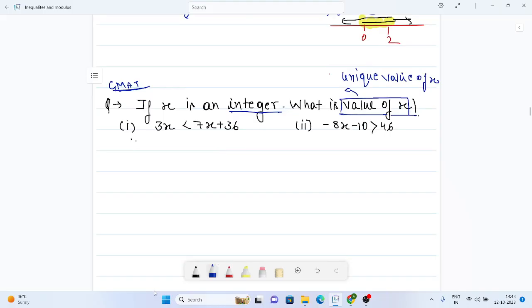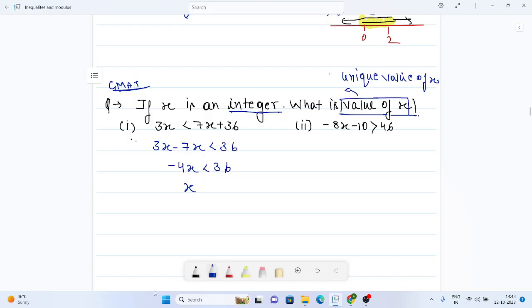If I solve the first condition, I take the variable to one side, it becomes 3x minus 7x is less than 36, so it becomes minus 4x less than 36.